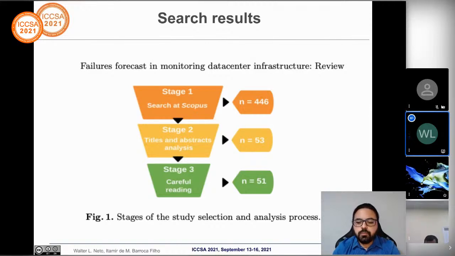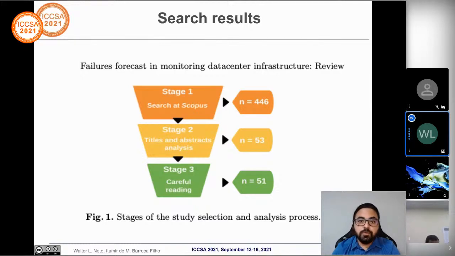We start with a search that includes 446 papers. Then we move to stage 2, where we read the title and abstract of the papers, and were left with 53 papers.